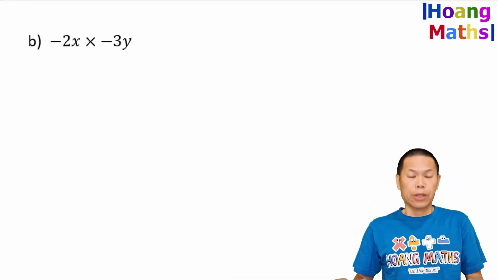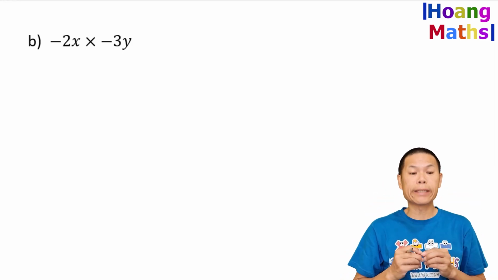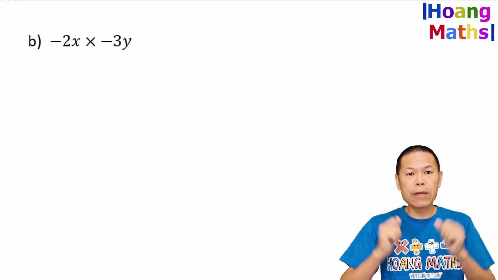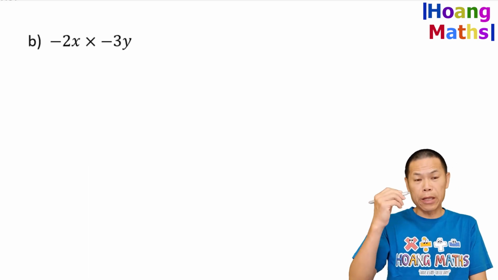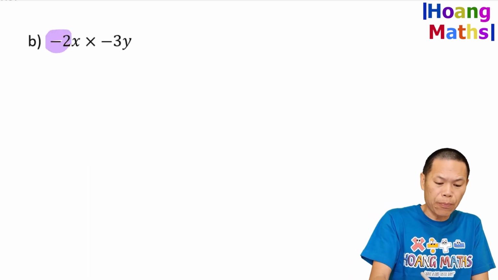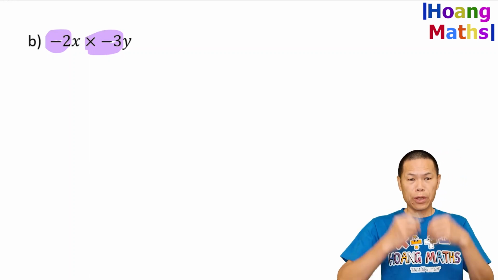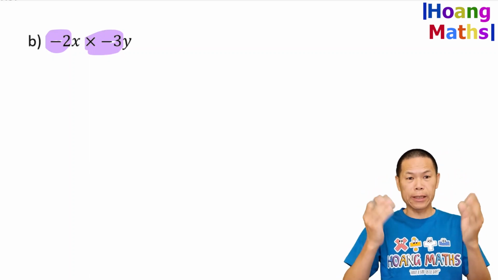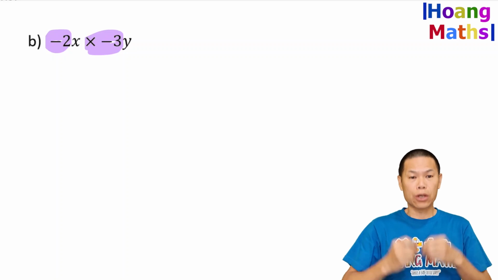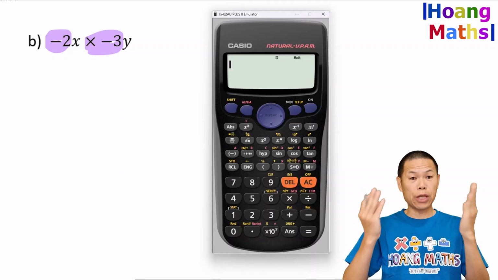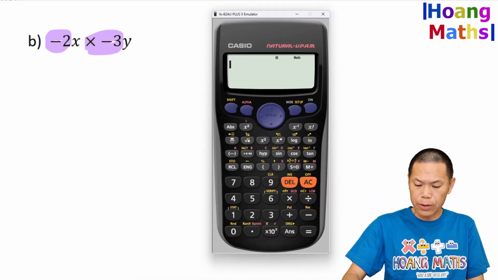Part B. We have -2x times -3y. Remember the numbers we times together. So -2 times -3 should give us 6. Otherwise, we can just go -2 times -3 on the calculator.